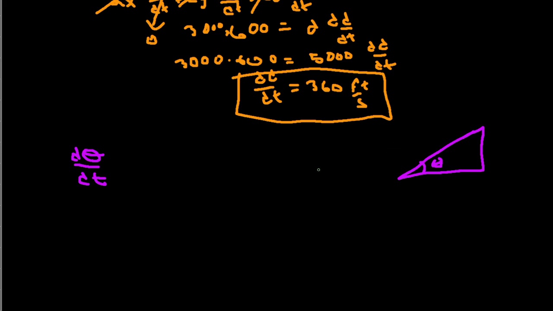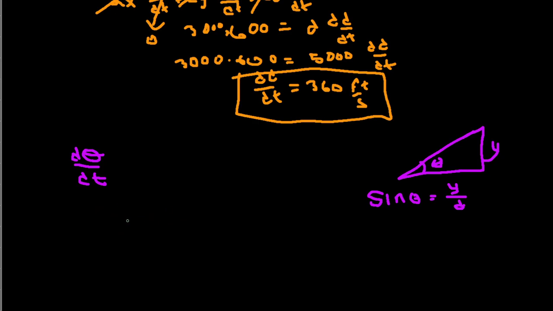So one thing we can do, we can use the sine function. We know that sine of theta is equal to the height over the distance. And we're going to have to go ahead and take a derivative of this here.